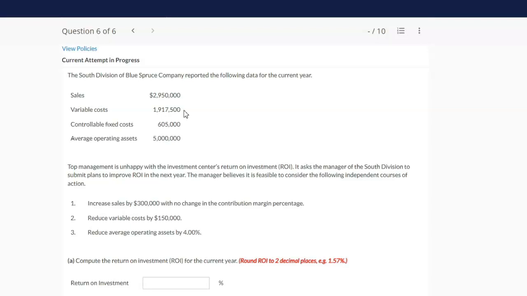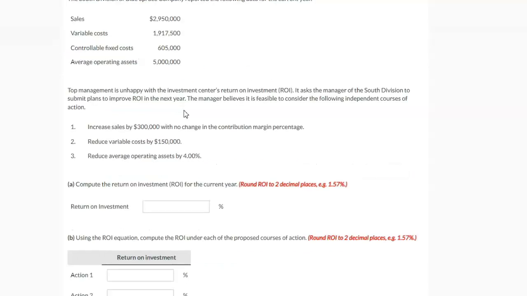The manager believes it is feasible to consider the following independent courses of action. Increase sales by 300,000 with no change in contribution margin percentage. Reduce variable cost by $150,000. Reduce average operating assets by 4%. Compute the ROI for the current year.